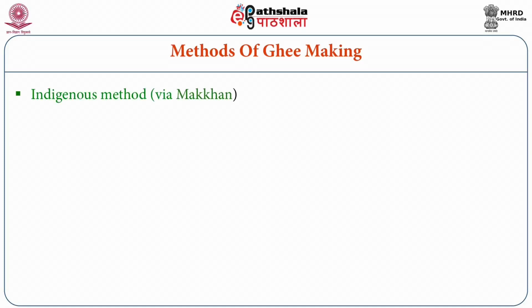The first one written in the slide, that is the indigenous method using makhan as an intermediate raw material or semi-finished material. This is not practiced by industrial method. However, at home or at cottage scale, you may definitely do it. And the taste of this particular ghee would be the best.